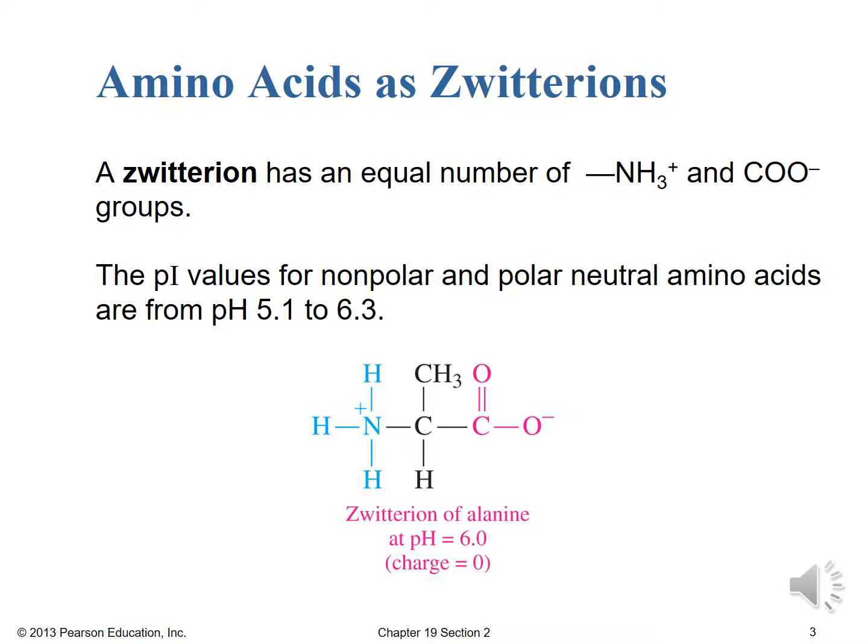And if we look at alanine there, it's a Zwitterion at pH 6.0, so there's zero overall charge. Of course, there's a plus charge and a minus charge, but there's no net charge because those two cancel, and that's the typical state for alanine, to have the protonated ammonium and the deprotonated carboxylate in its Zwitterion.